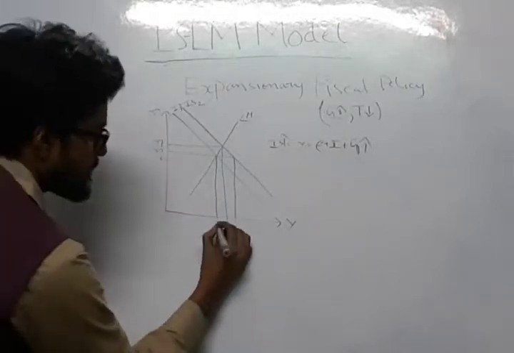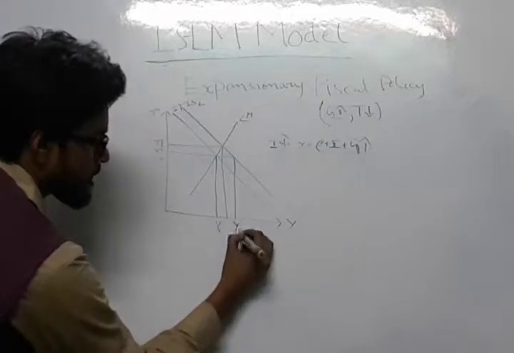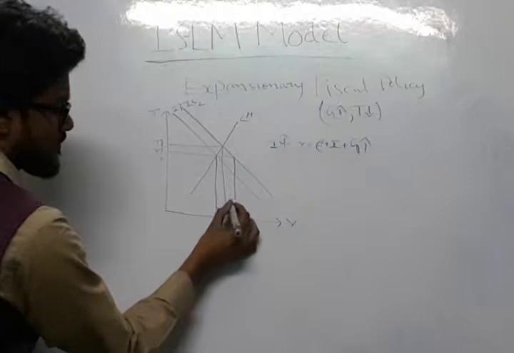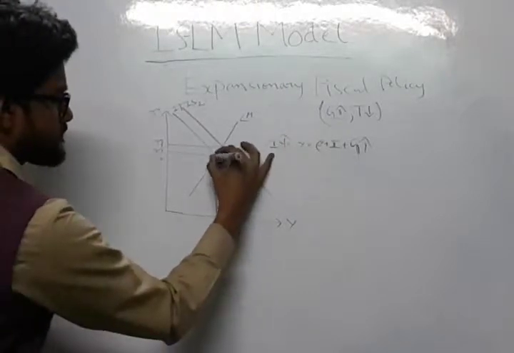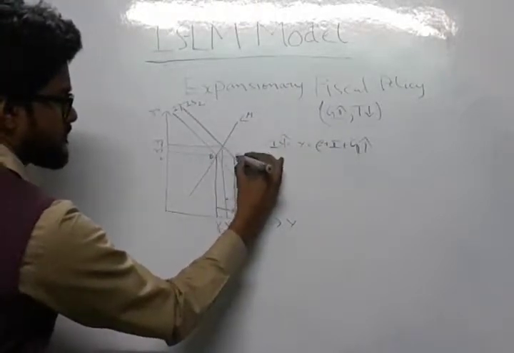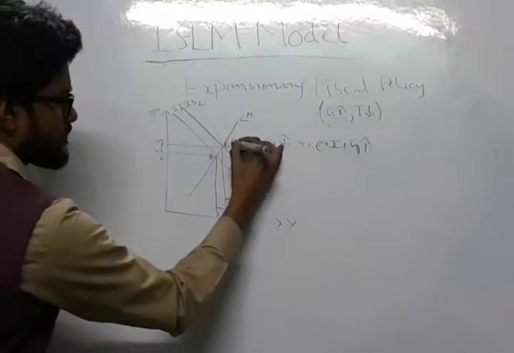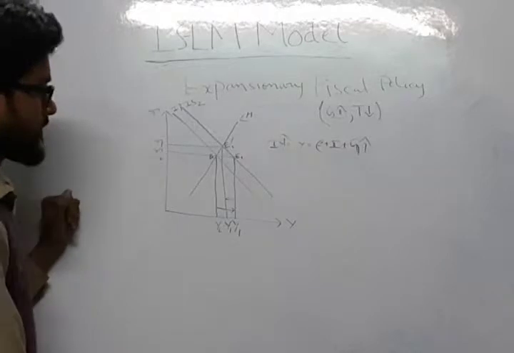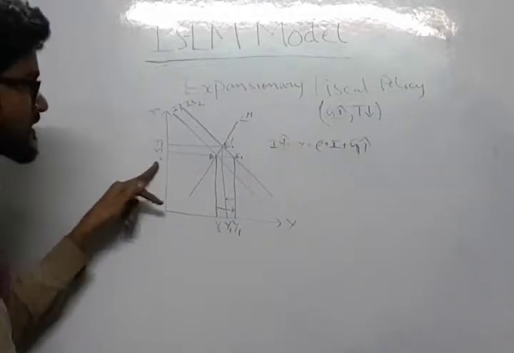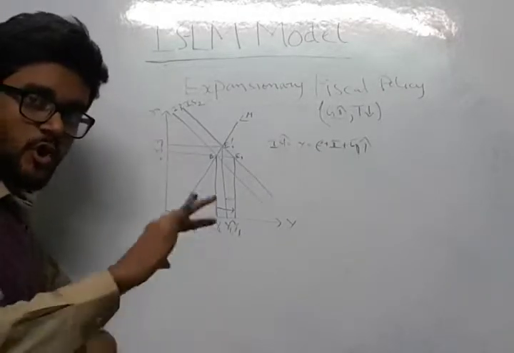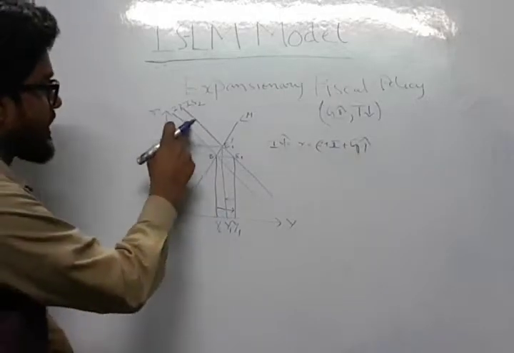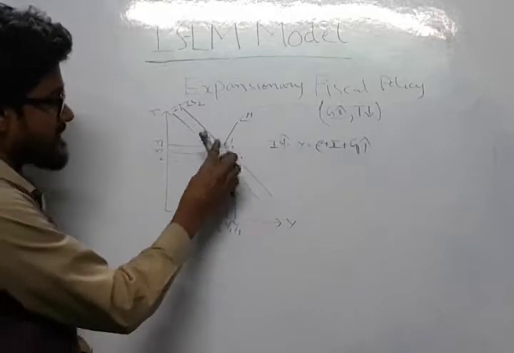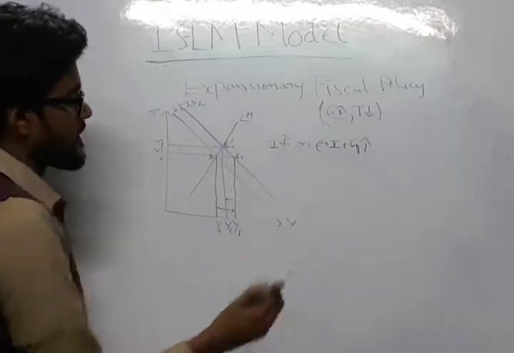In this diagram you have to remember one thing, that R does not change automatically when the IS curve shifts rightward. So what happens?